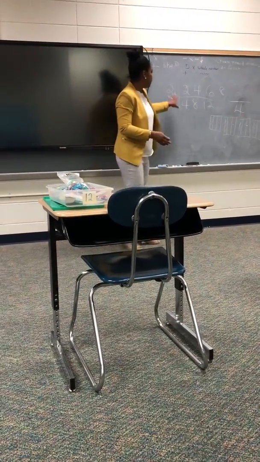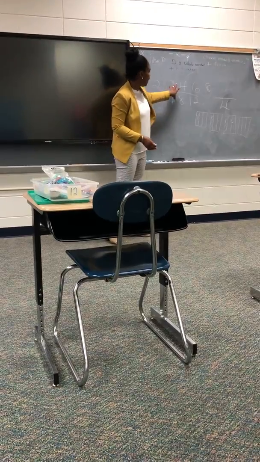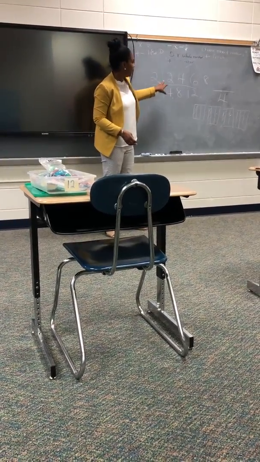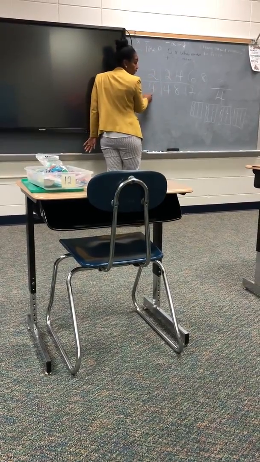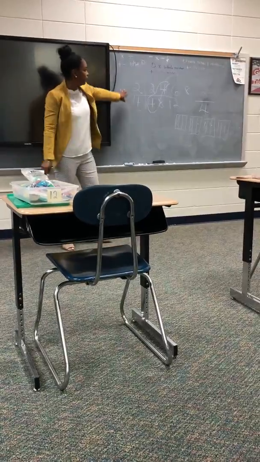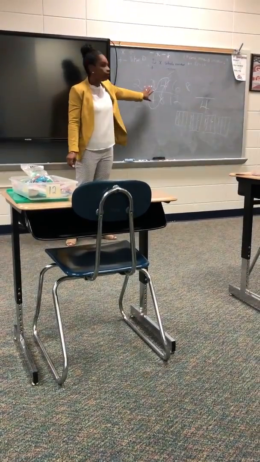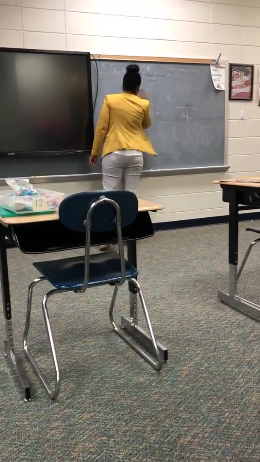And that's how you're going to find your common multiple. Now, what number is common to both the 2 and the 4? If you look at your table, you're going to see, okay, it's not the 2, that's too low, it's the 4. So then you know that the least common multiple between the 2 and the 4 is the 4. And that's how you come up with the least common multiple.